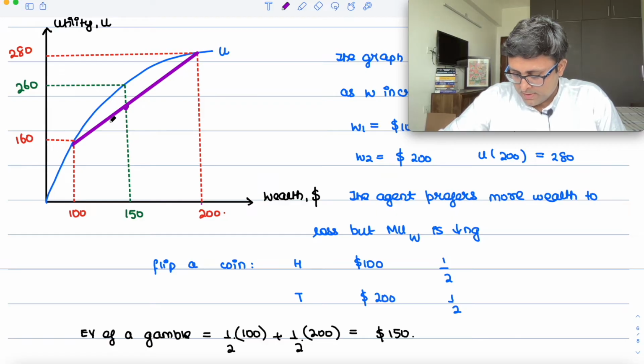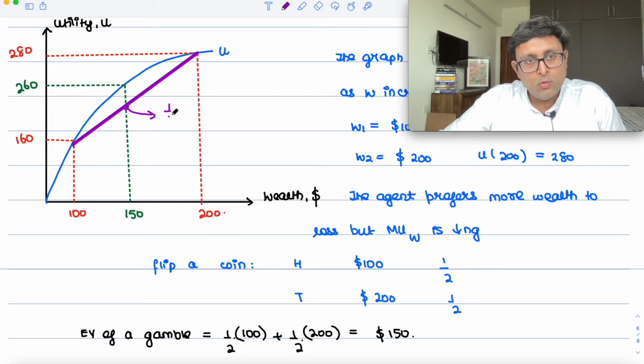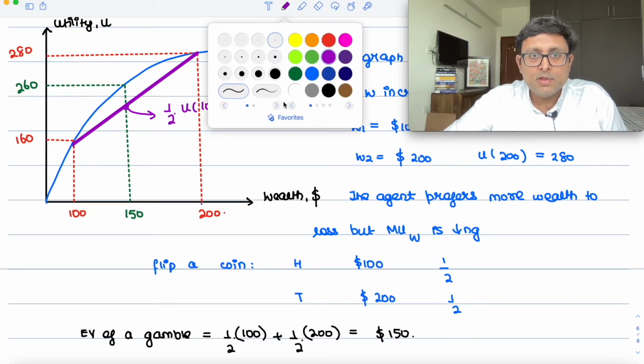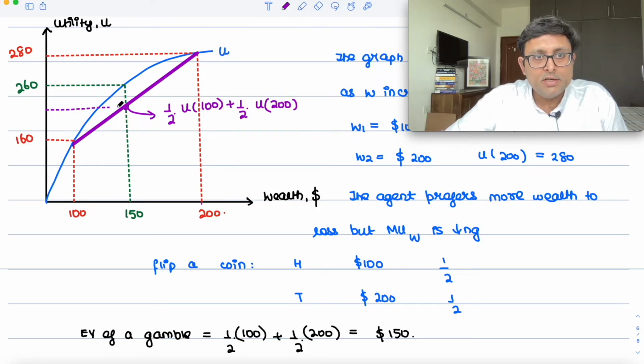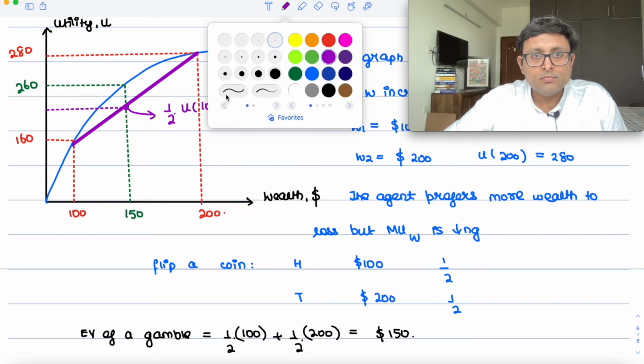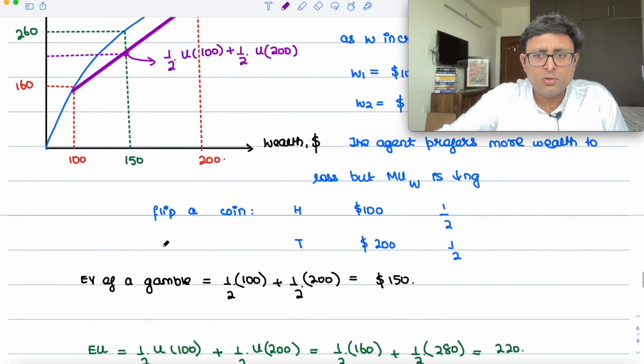Somewhere in the midway of this chord. So I can write the y coordinate of this as 1/2 U of 100 plus 1/2 U of 200. I can write it like this, fair enough. And what I'm getting is that this particular utility level is how much? 220.